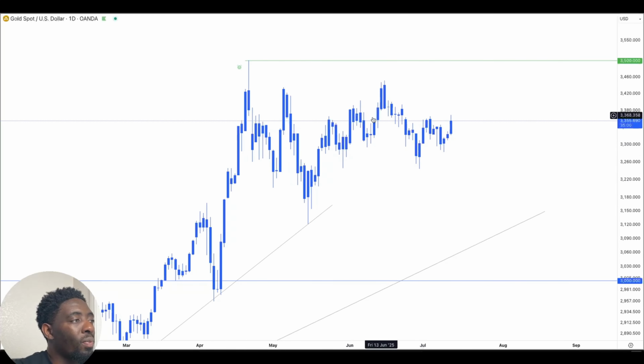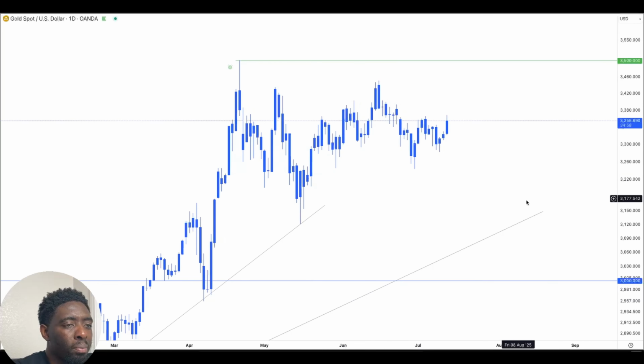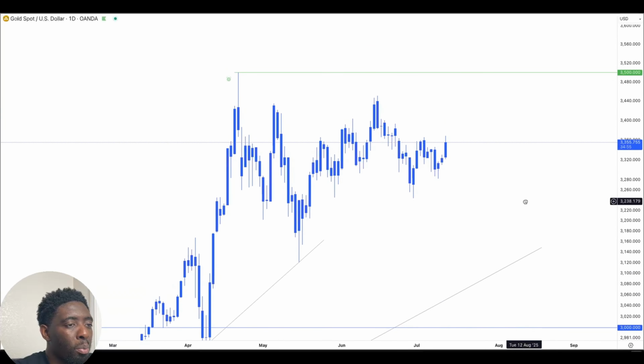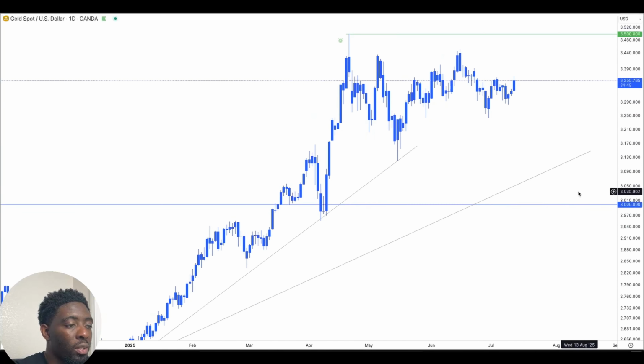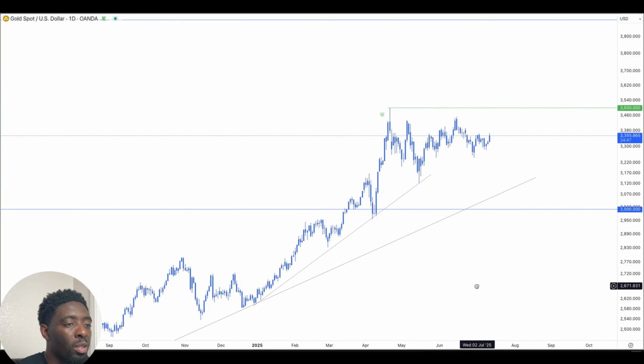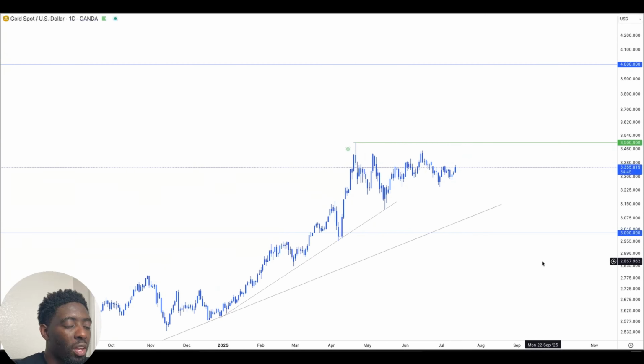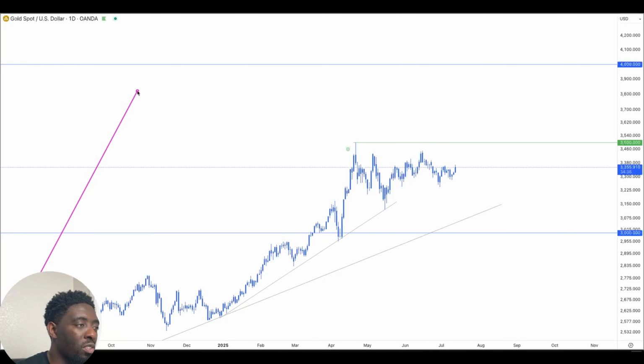All right guys, so this is gold on the daily time frame, and this is very important because of what's happening on the bigger time frame. Let's zoom out a little bit. Look at this space right here. I was sat here looking at gold, and if you understand what's happening on the DXY currently, it's giving us this impulsive move and this massive consolidation.